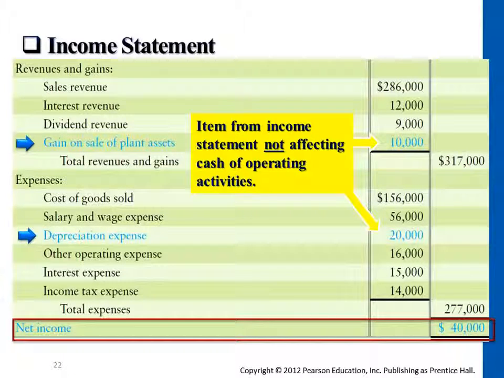Subtract gains on sale of plant asset, and if there are losses, we would add back losses, just so it can be represented here. When we get to the second section, you'll know what I mean. Anything that relates to plant asset will be reported there when we talk about cash that we paid for long-term assets. So if we don't subtract it, it will be duplicated. Basically, that's what it means.